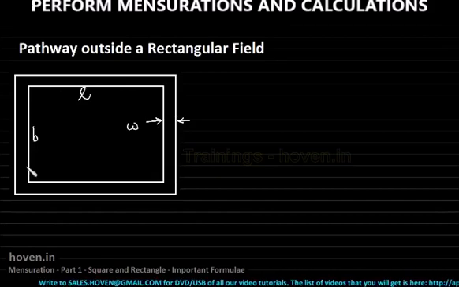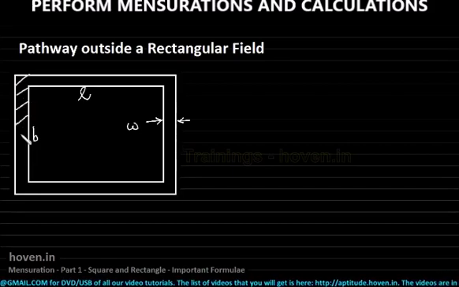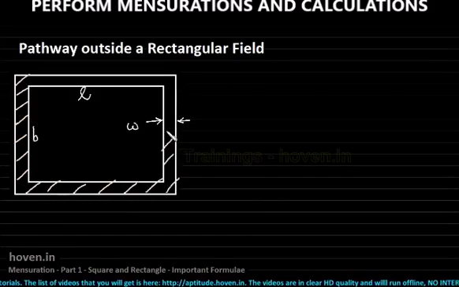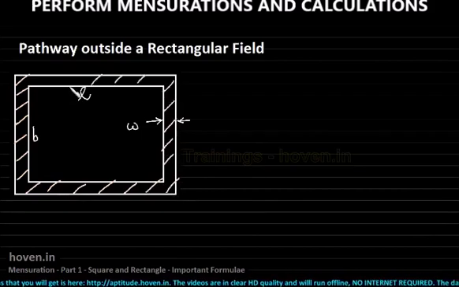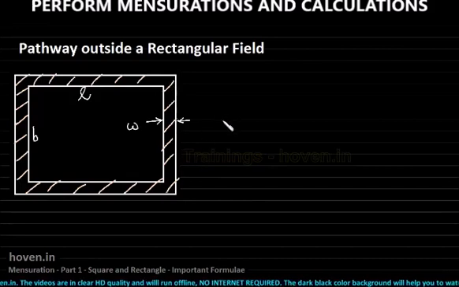It is W, and we have to find out the area of this pathway that has been added outside the rectangle. We have to find out the area of the shaded portion.